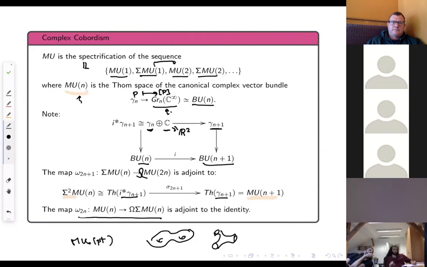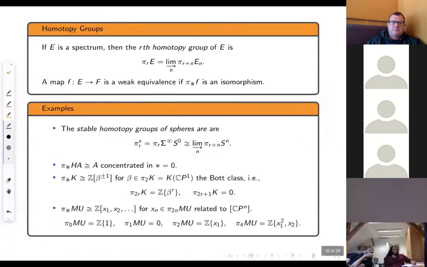Okay, so now we have spaces. Usually we talk about their homotopy groups. So for spectra, we also talk about homotopy groups of the spectrum. A spectrum is a sequence of spaces, and they should all have equal dignity. So the way we do that is we define the rth homotopy group of a spectrum E to be the colimit of the homotopy groups of its spaces.